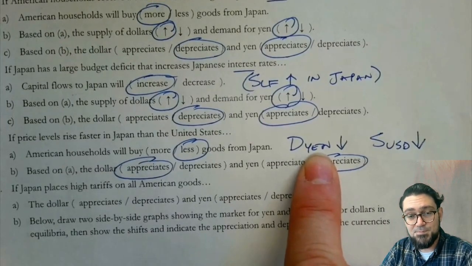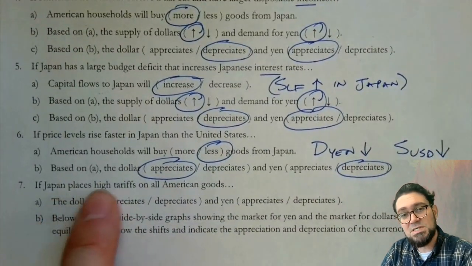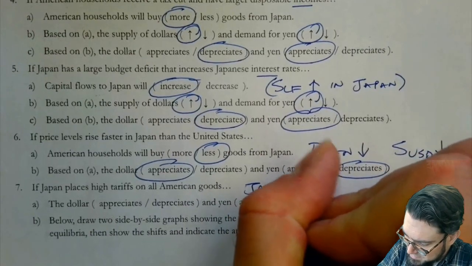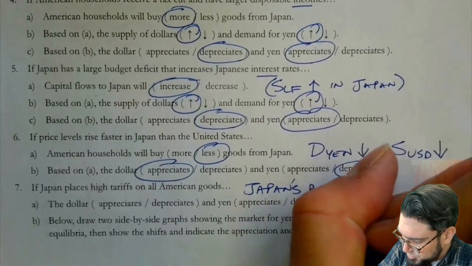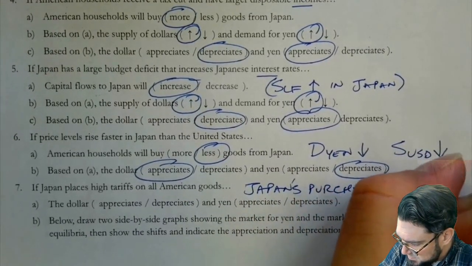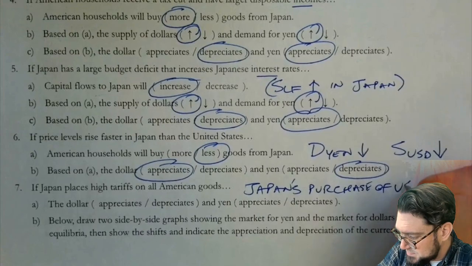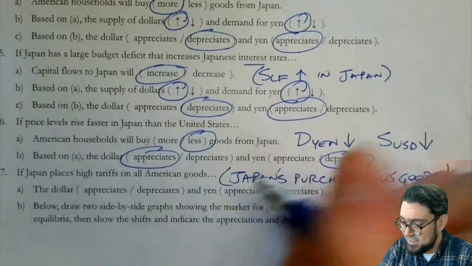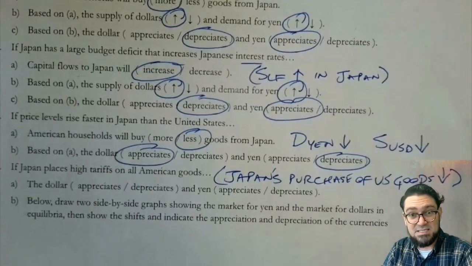For number 7, if Japan puts a high tariff on American goods, well, then Japan's purchase of US goods will go down. Right? Kind of a way to read that is to say, well, they're going to buy less of our stuff as a result.